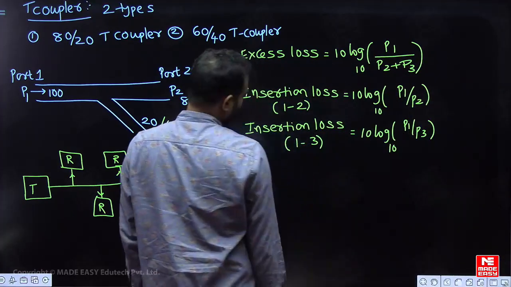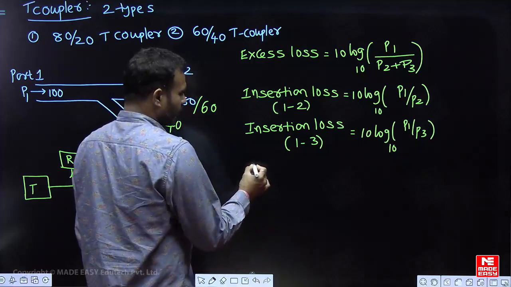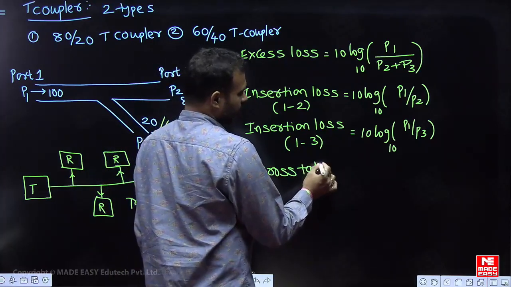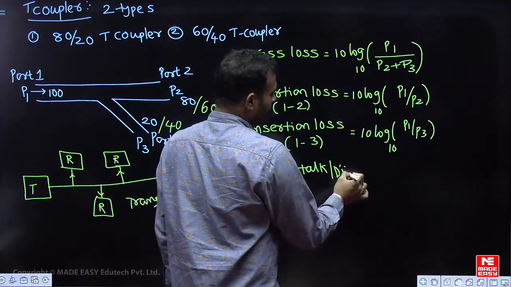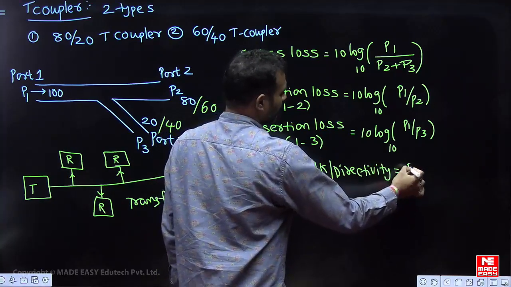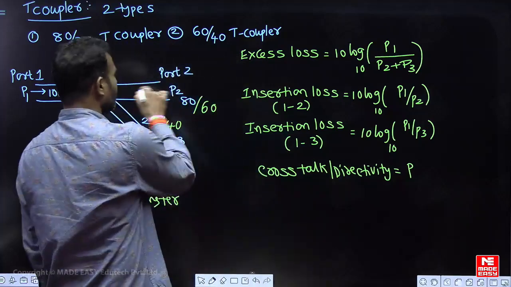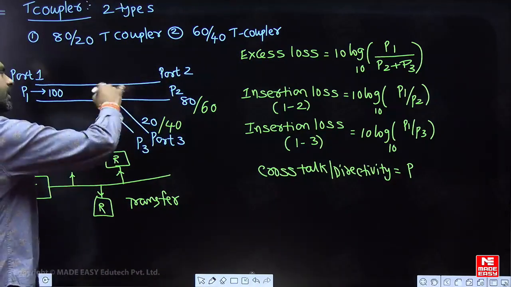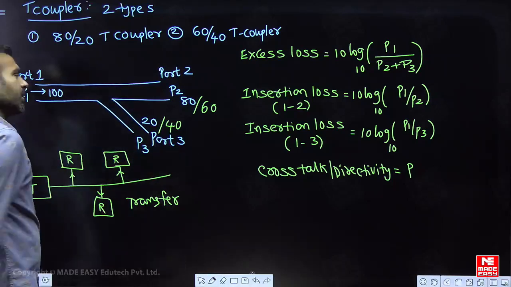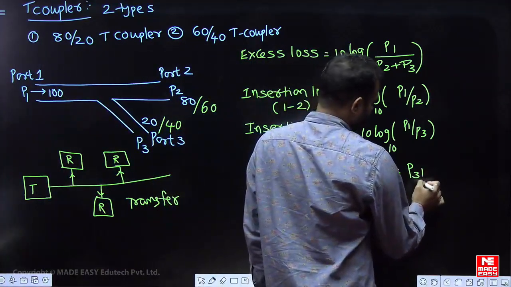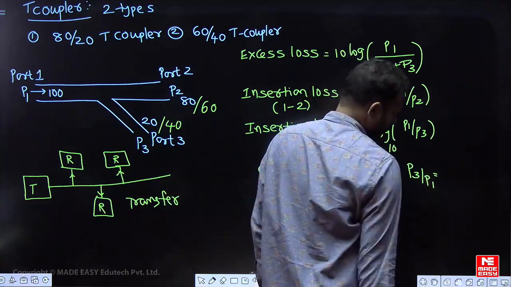So after writing about insertion loss, we can tell about the crosstalk. Your crosstalk is also called the directivity, which is given as, see, main port is getting 80%, remaining port is getting 20%. That is nothing but P3 by P1.